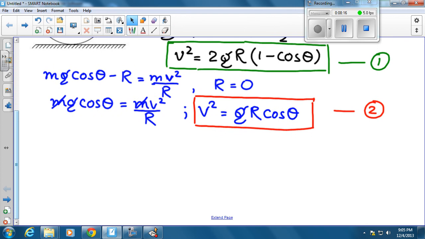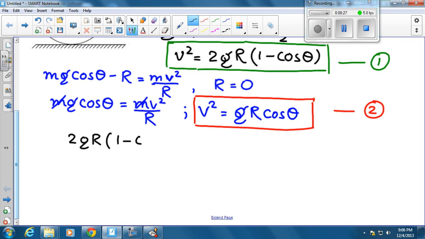I would use again the black marker. So I would say 2gR(1 minus cos theta) is actually equal to gR cos theta.